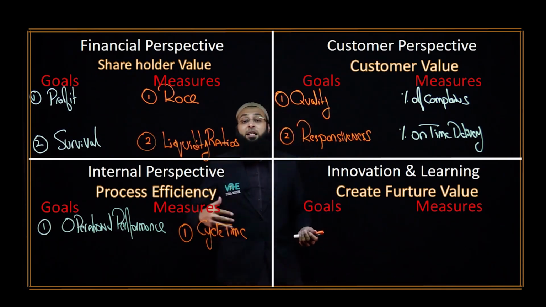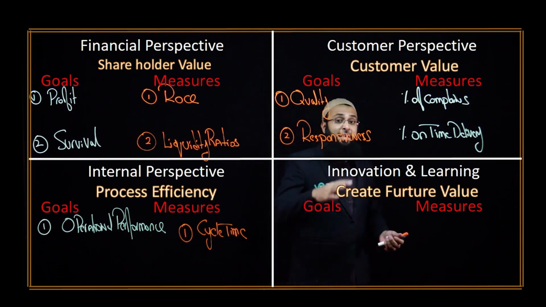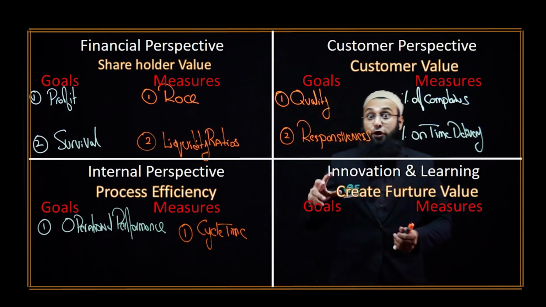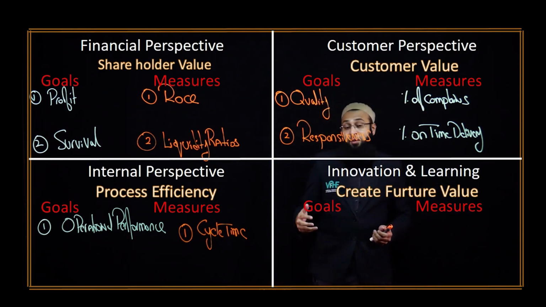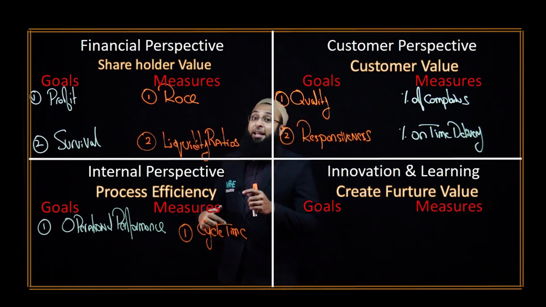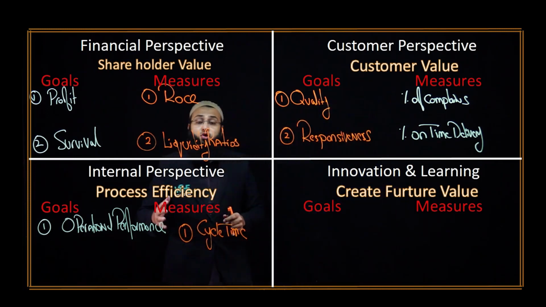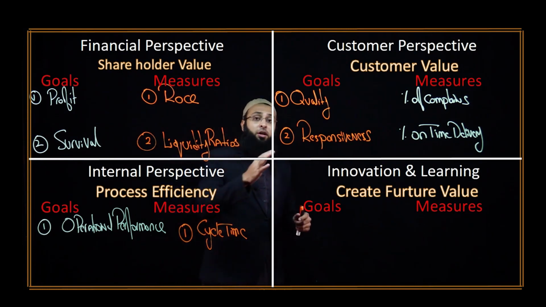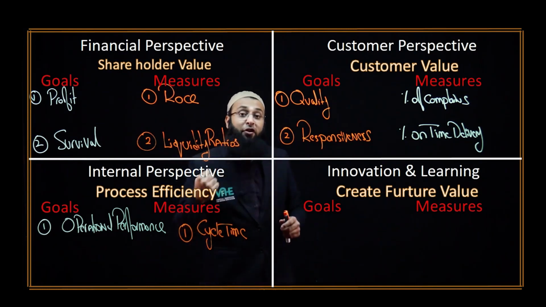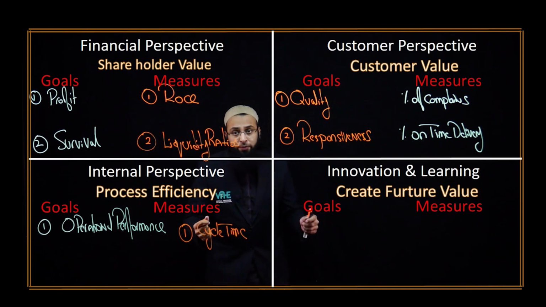So if the cycle time in form of days is less, it's a good operational performance because the company is taking fewer days to deliver to the customer once they have received the order.